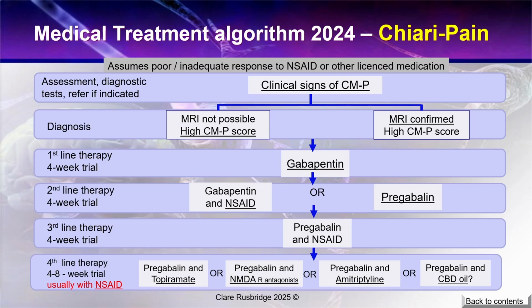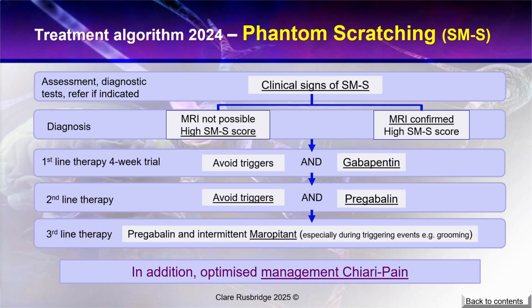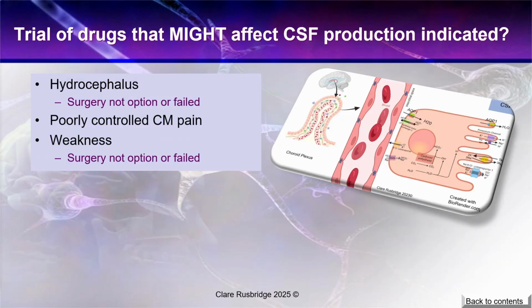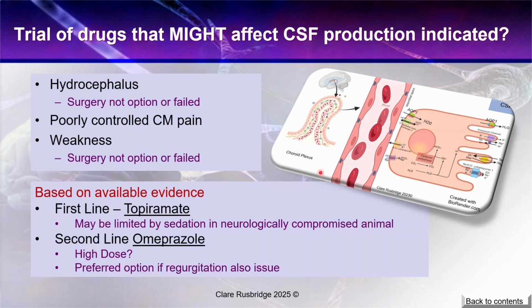And that is because topiramate, as well as affecting neuropathic pain, also potentially affects the enzyme here, carbonic anhydrase. The other drug which can affect carbonic anhydrase is acetazolamide, but acetazolamide has been shown not really to make much difference in hydrocephalus cases after 2 weeks, and has more adverse effects.